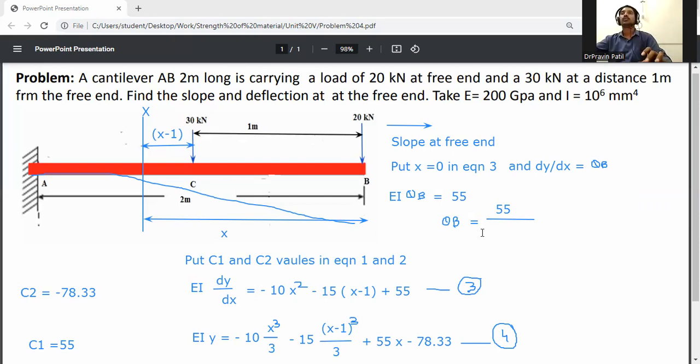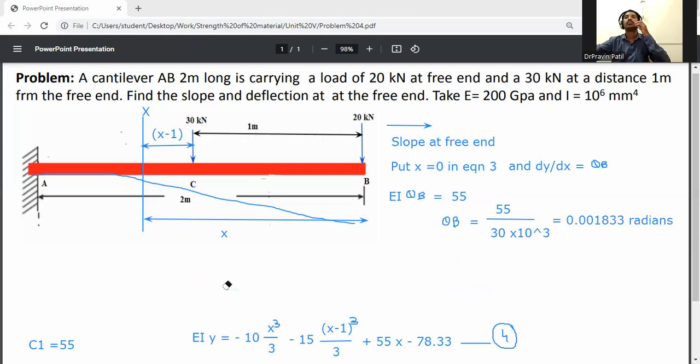So theta b is 55 divided by 30 into 10 raised to the power 3, which is 0.001833 radians. So the slope at b is 0.001833 radians.